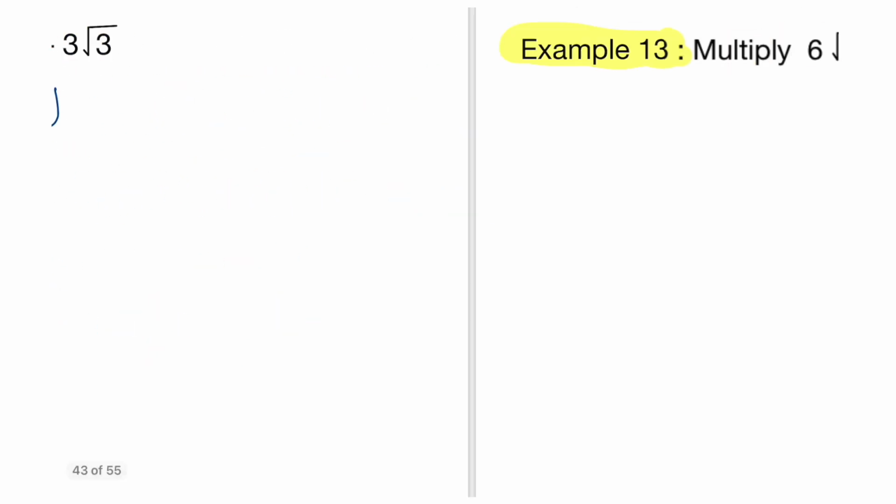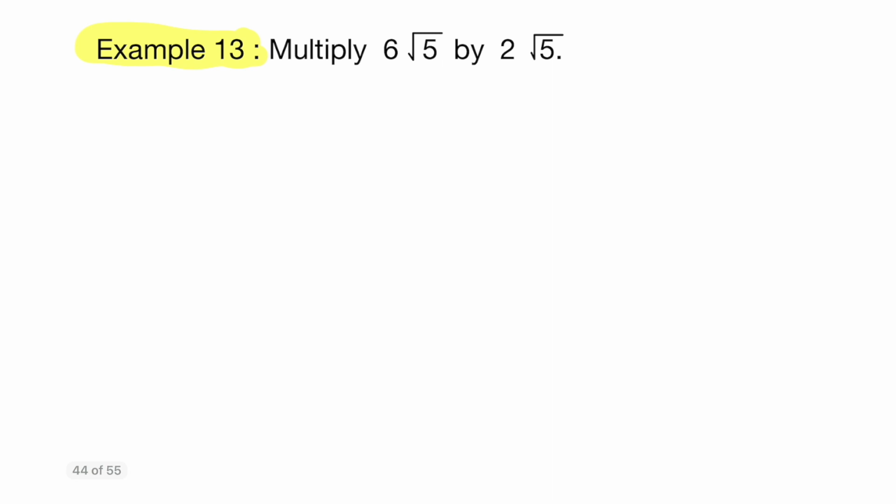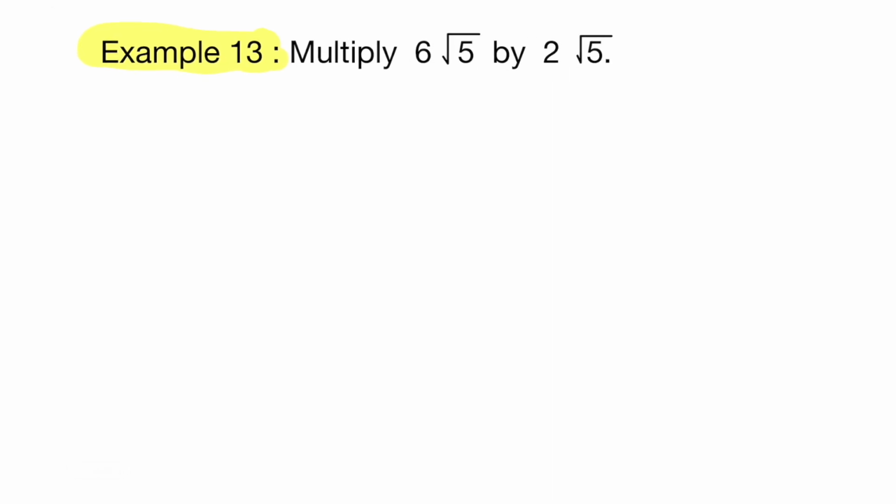Okay, now we are moving to the next example, which is to multiply two numbers that have been given. Okay, the first number is 6 root 5 and the second number is 2 root 5. Now we are going to multiply these two numbers. Okay, so 6 root 5 times 2 root 5.